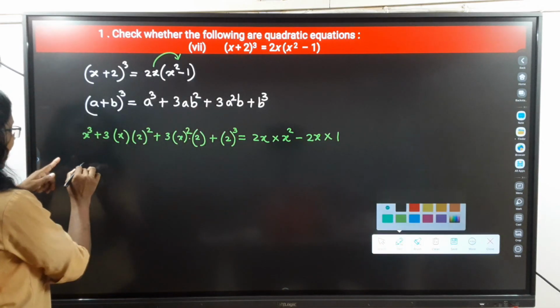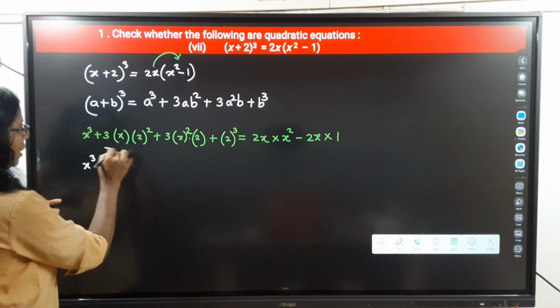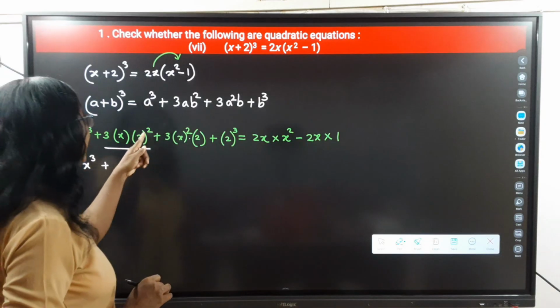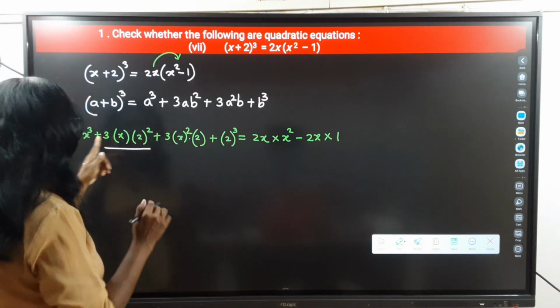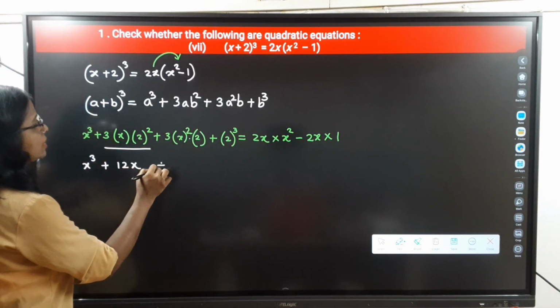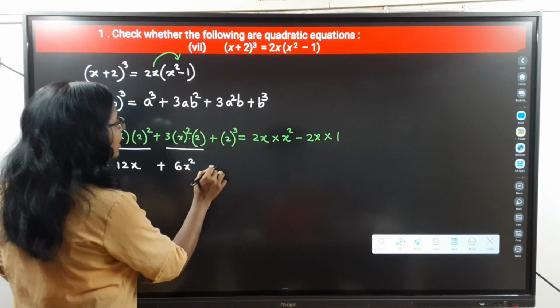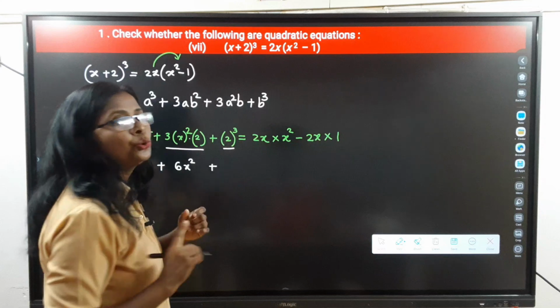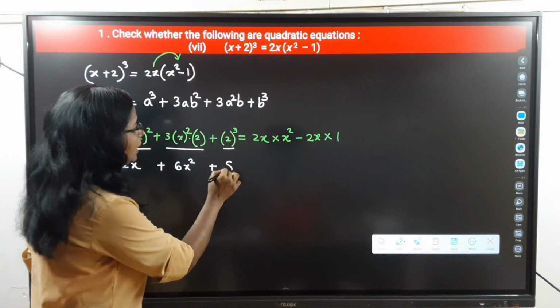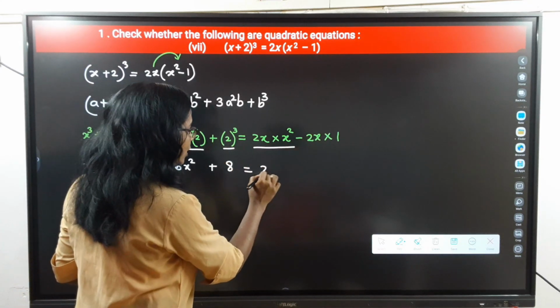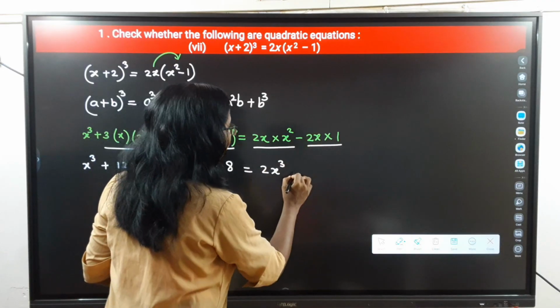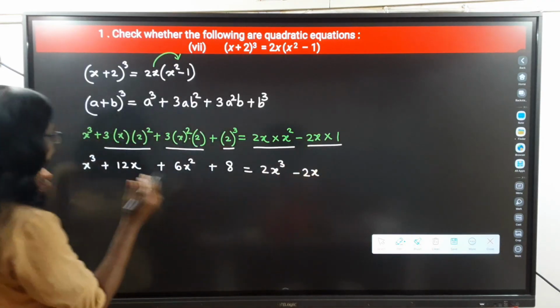So x cube plus, square of 2 that means 4, 3 fours are 12, so 12x plus, students, 3 twos are 6, 6x square plus cube of 2, that means 2 twos are 4, 4 twos are 8, is equal to 2x cube minus 2x. Now further simplify.